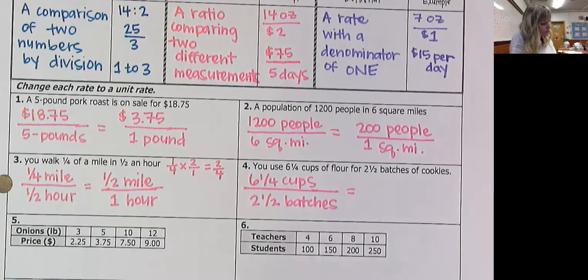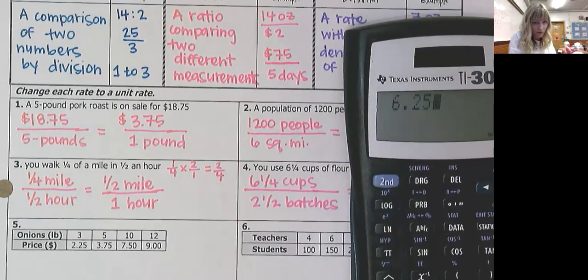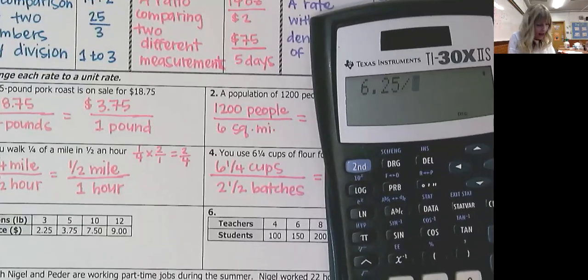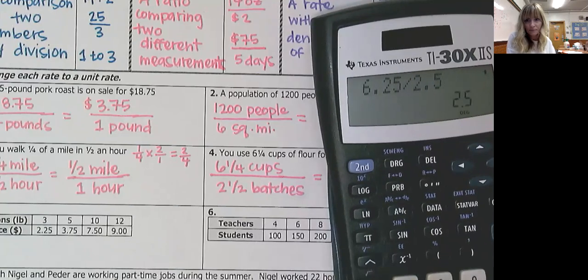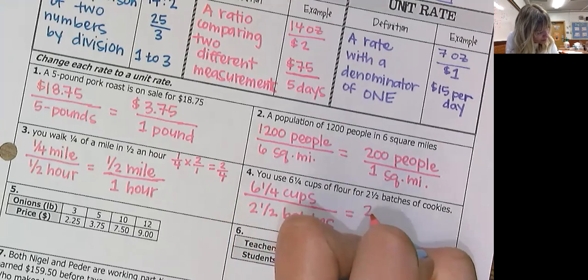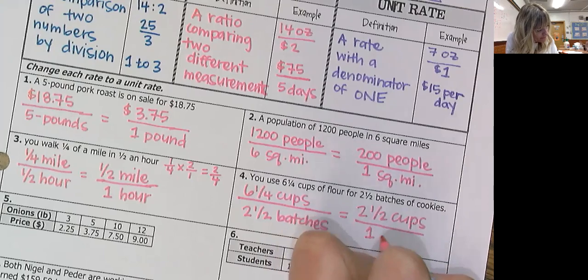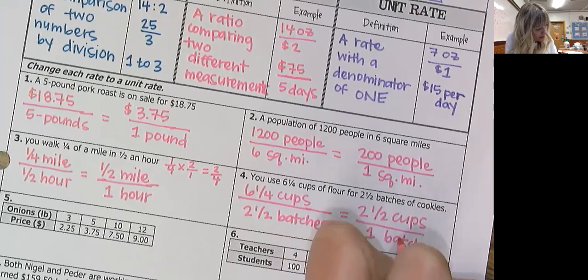So 6 1/4 cups divided by 2 1/2 batches. I'm going to change these ones to decimals. 6 1/4 is 6.25, and 2 1/2 is 2.5. That's 2 1/2 cups of flour for every 1 batch of cookies.